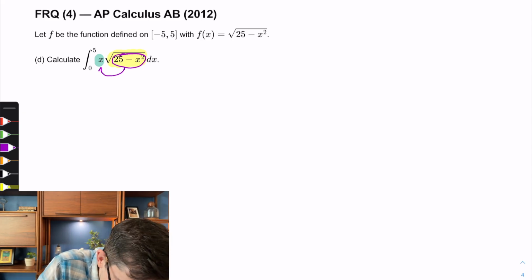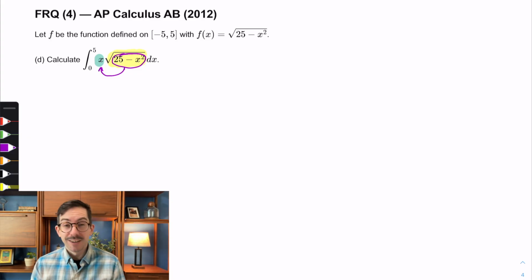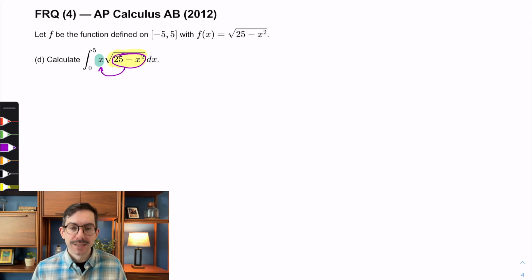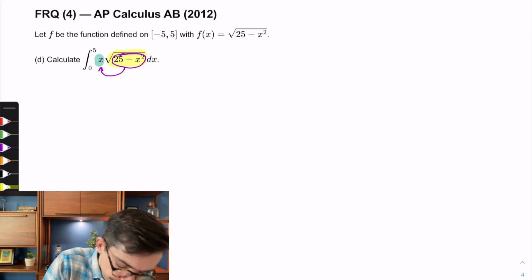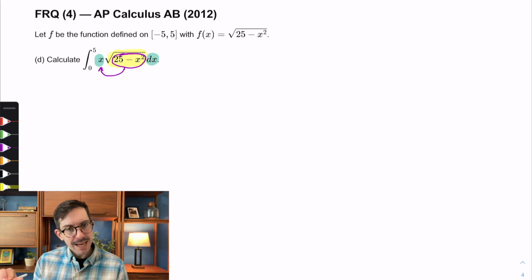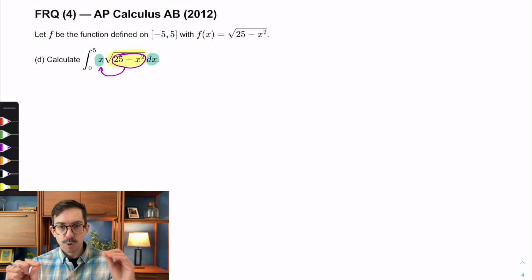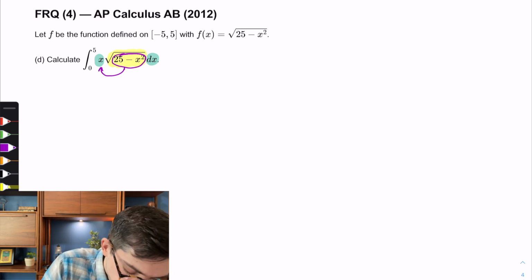Namely, if I take the derivative of 25 minus x squared, I'll get -2x. I can kind of work with that and make that look like x using the substitution method. So what we're going to see is that x dx symbol pair is going to allow me to use substitution.